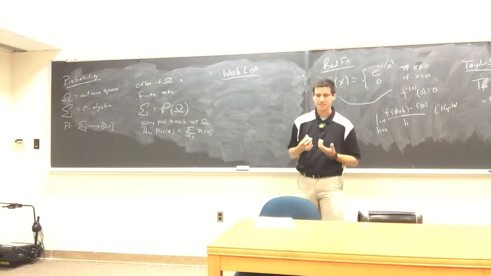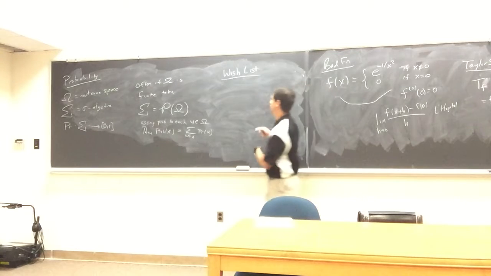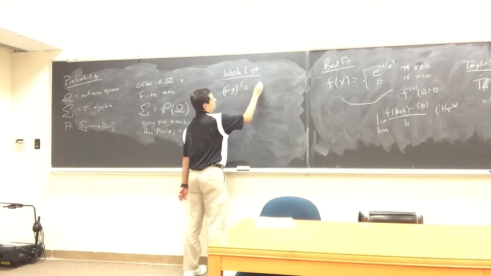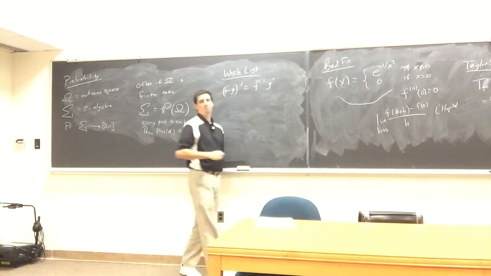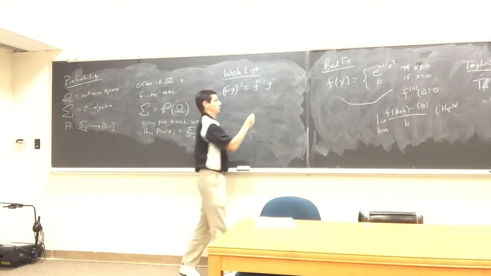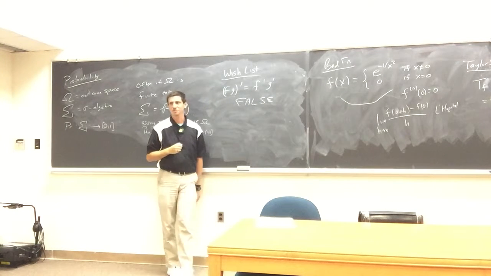The first rule that's different. Yes? The product rule. So the derivative of fg should be f prime g prime. Right? This is false, of course, just in case anybody's forgotten their calculus.